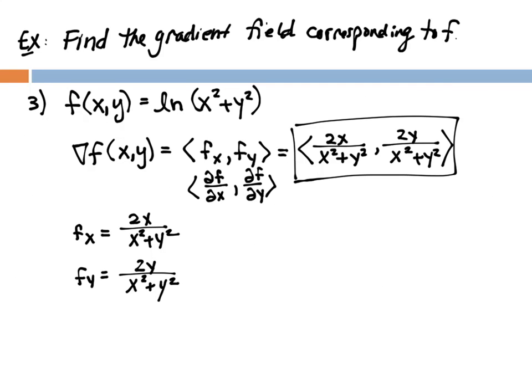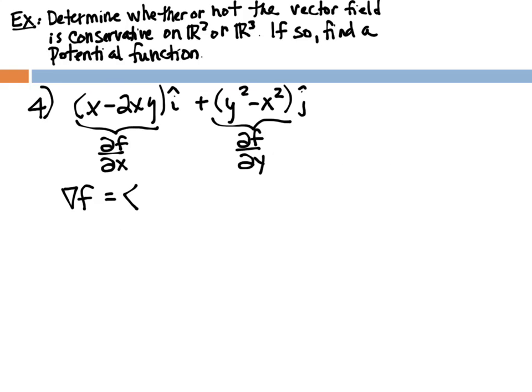So our function that we're starting with is actually set equal to these pieces. So we have x minus 2xy and y squared minus x squared. So in particular now, the f of x, y that we're looking for to see if it exists is going to be found by integrating.